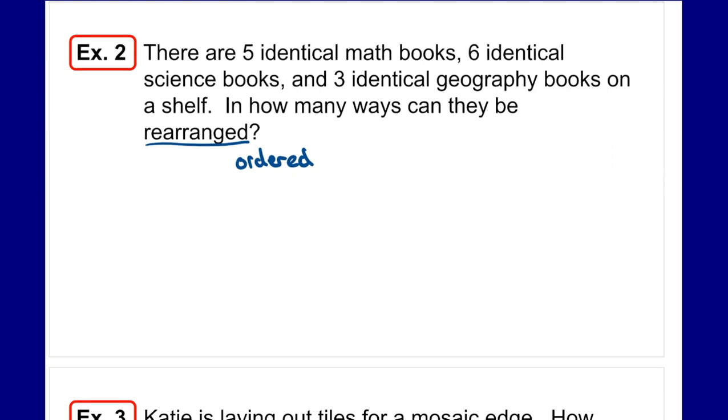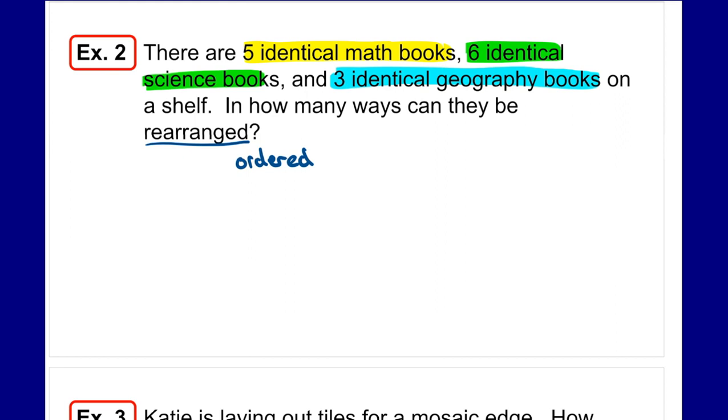But we also have to keep in mind that we have identical math books, identical science books, and identical geography books. Assuming these are textbooks, how many ways can we arrange them?